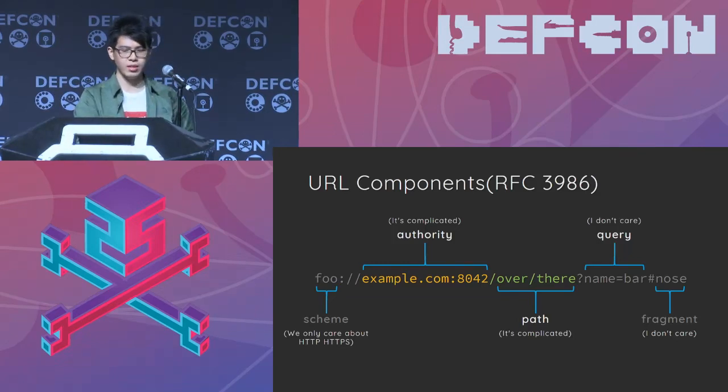For the scheme, we only care about attack scenarios on HTTP and HTTPS. For the authority and path, they are too complex to understand at a glance, and we will take a look later. Finally, as for the query and fragment, I don't care.